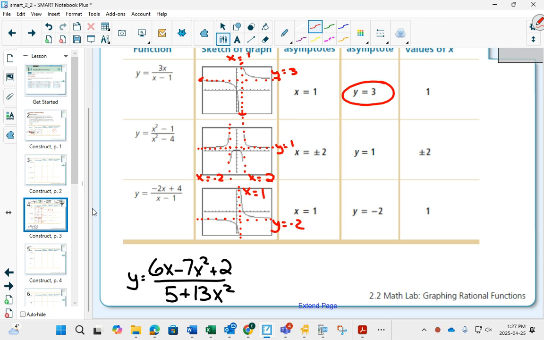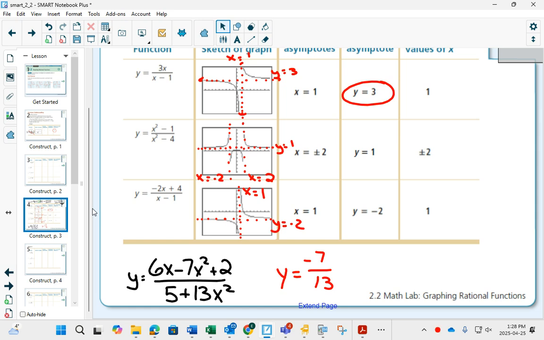I'm going to give you this one, and I'm going to tell you it has a horizontal asymptote at y equals, and I think once I tell you this one, you'll really see the pattern of how to tell where the horizontal asymptote will be.